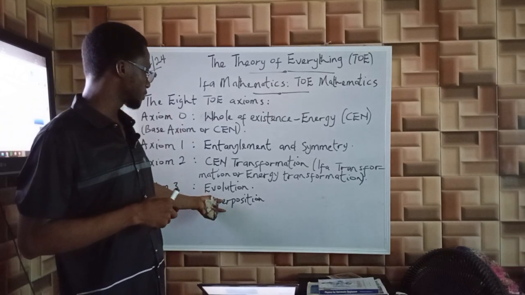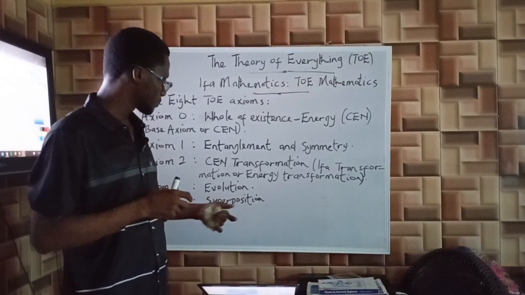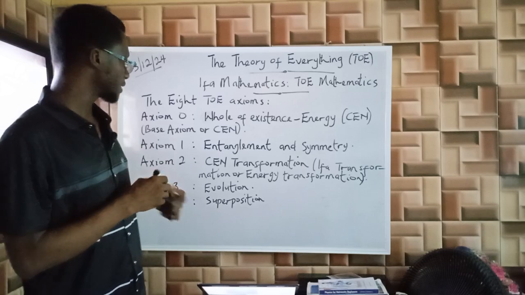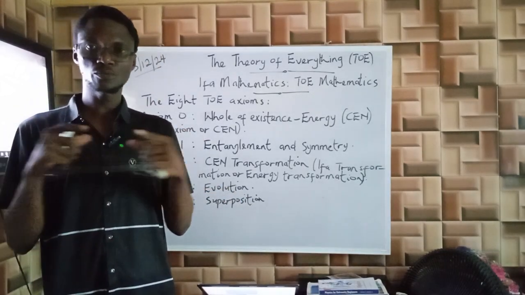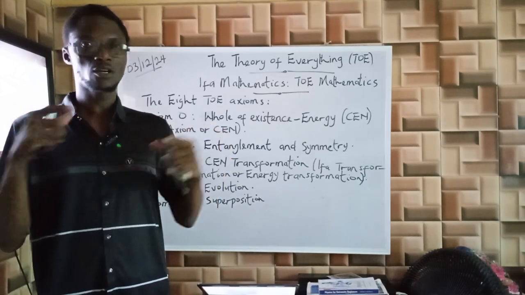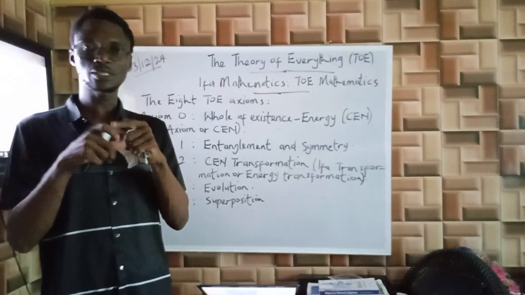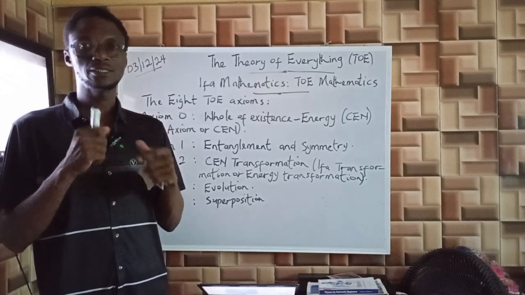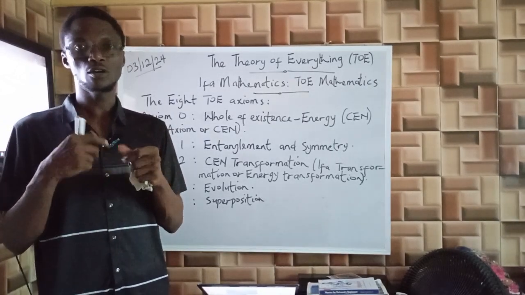Now, this axiom simply tells us that at the fundamental level, any element of nature is energy, and that energy exists in all ways possible, all at once. It exists everywhere all at once until it is measured, which forces its wave function to collapse and manifest as a specific element of nature which is measured or observed.